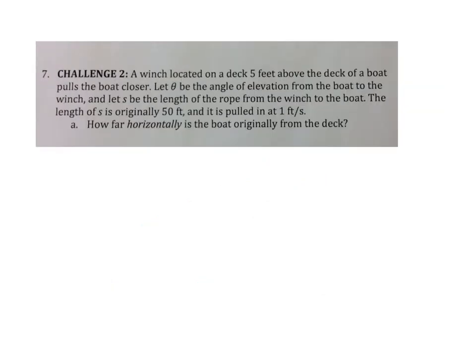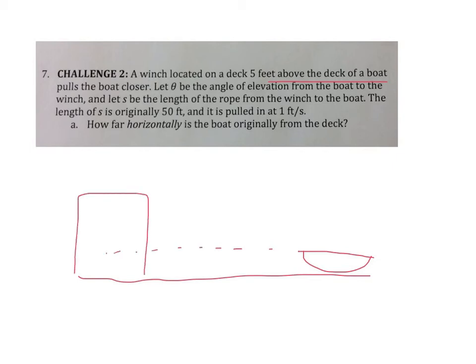Okay, and on the last problem, we have a boat in the water, and a winch is located on a deck 5 feet above the deck of a boat. So here's the deck of the boat, so that's a horizontal line, and this distance here is 5 feet. And what a winch does is it pulls something closer together.